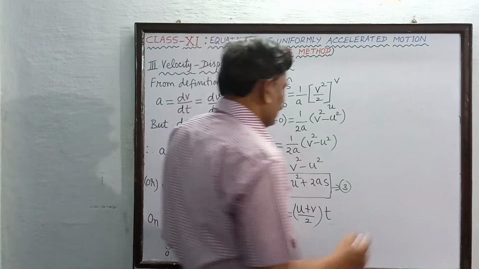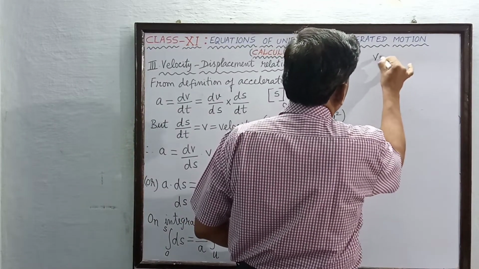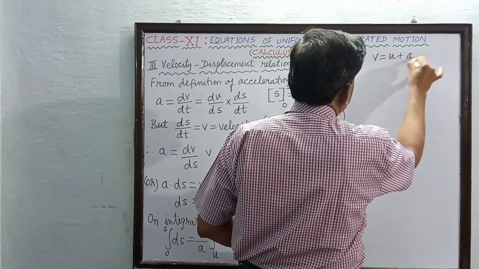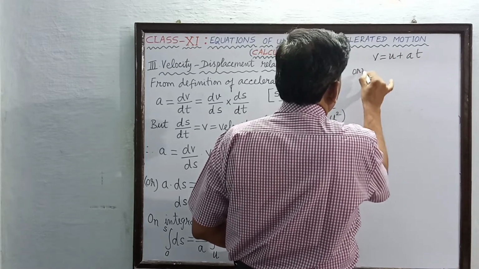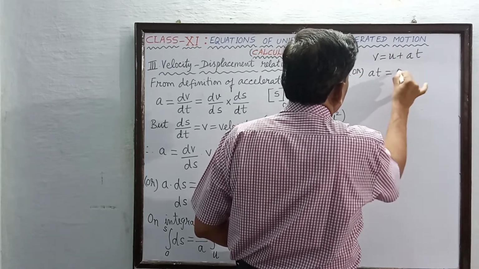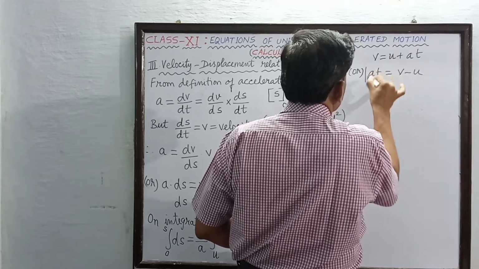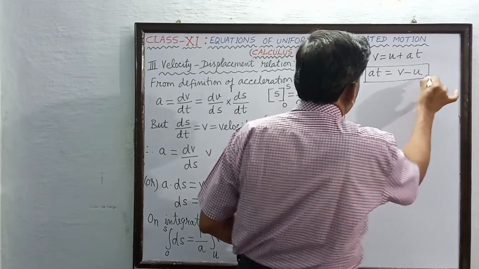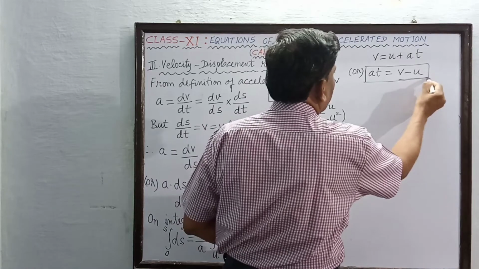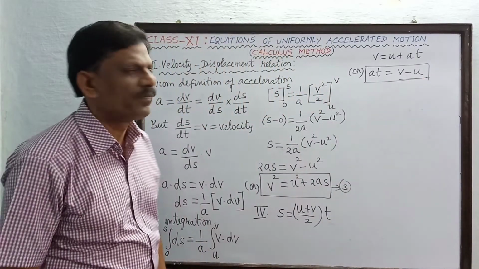So for this, I am going to consider v equal to u plus at, or at is equal to v minus u. So this is one step. Instead of at, I can substitute v minus u.